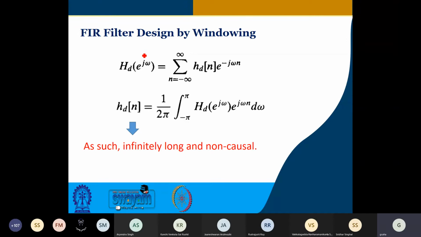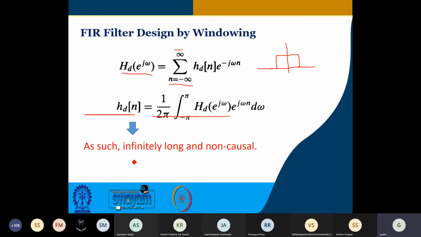So we had h_d[n] derived from a desired filter response, which, if it is a low pass, is a brick wall kind of filter response, and this we can get by inverse DTFT. So the DTFT relationship is like this, and here we know that this h_d[n], which goes into the making of H_d(e^jω), requires n from minus infinity to plus infinity.